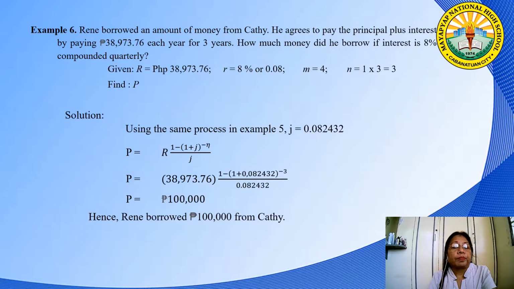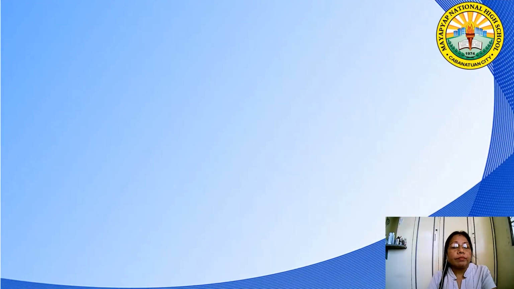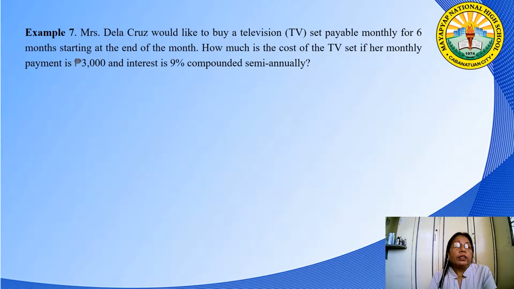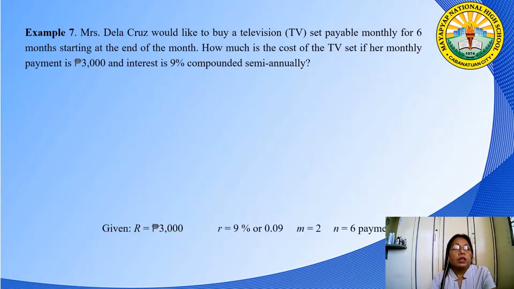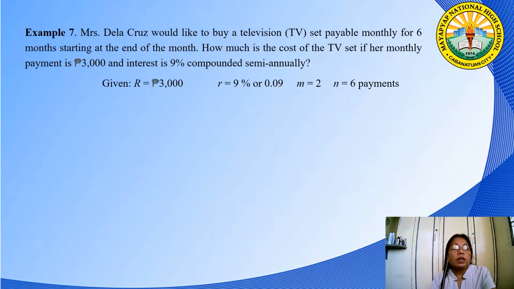Another, Mrs. De La Cruz would like to buy a television set payable monthly for 6 months, starting at the end of the month. How much is the cost of the TV set if her monthly payment is 3,000 and interest is 9% compounded semi-annually? So given R is 3,000, I is 9% or 0.09, M is 2, N is 6 payments. Then find the present value.